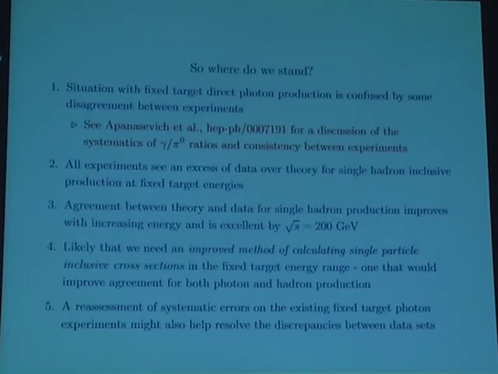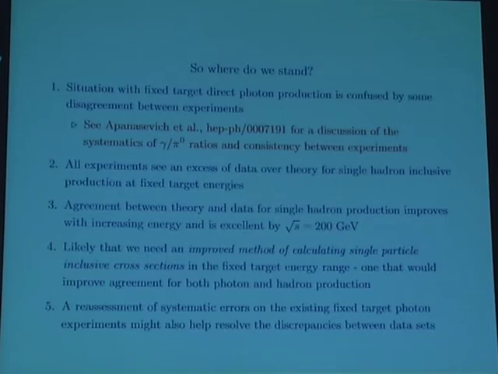We've got a situation where some of the fixed target direct photon experiments disagree with each other, presumably. There is, however, an excess of data over theory for all of the single hadron inclusive experiments of the fixed target regime. But the agreement between theory and experiment is very good by root S of 200.